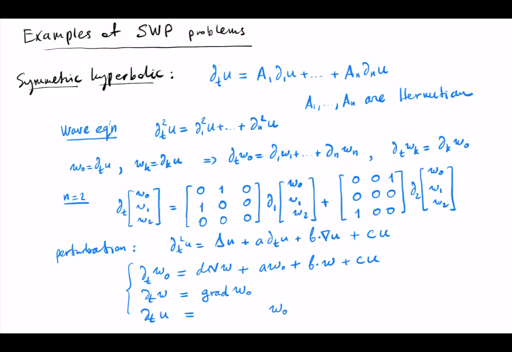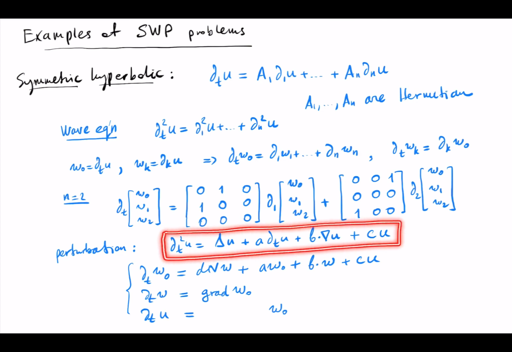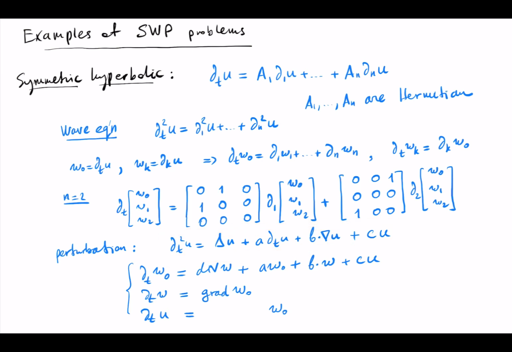Now, once we have written it in this way, we know that any lower order perturbation should also be strongly well posed. So let's look at one arbitrary lower order perturbation of the wave equation. A general lower order perturbation, as far as constant coefficients are concerned, will look like this.